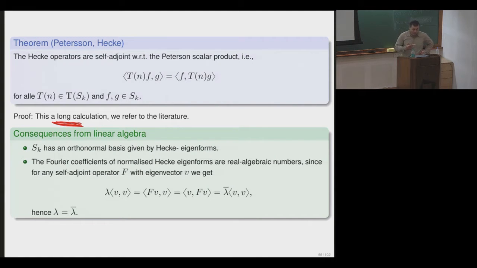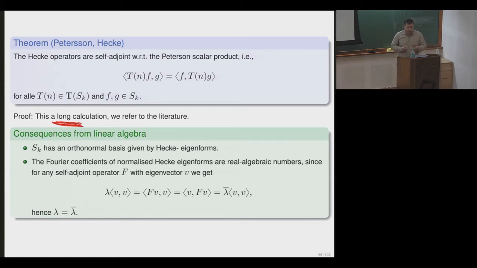In essence, it is okay, but you really have to go through this double cosets calculation, and it's a real mess. It is doable, and it was done 100 years ago, and so it's now high technique mathematics, and we don't do this here.